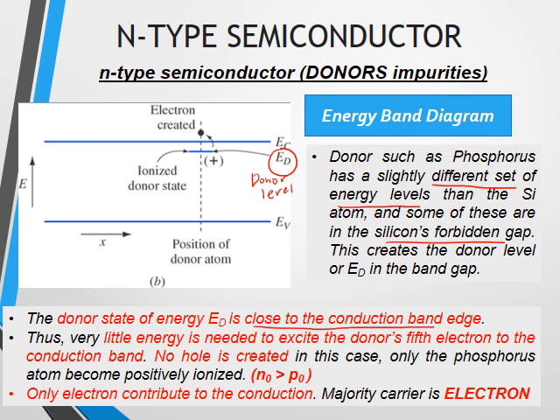Thus, it takes only a very small energy for the electrons in the ED to move to EC. When the electron in ED moves to EC, a conduction electron is created, but no holes are created in the valence band. So, n naught is larger than p naught. Donor atom becomes positive ions because it donates an electron, and the majority carrier in this type of semiconductor is electron in the conduction band.